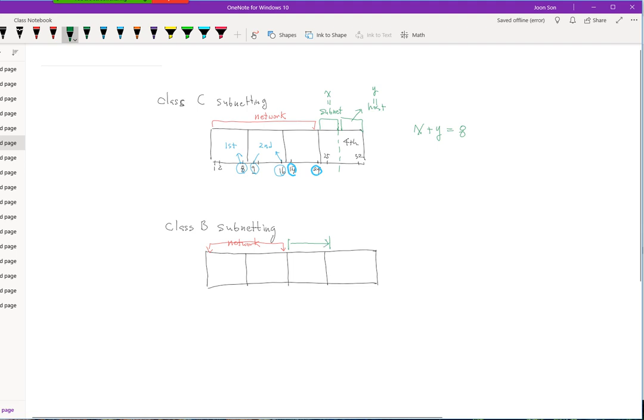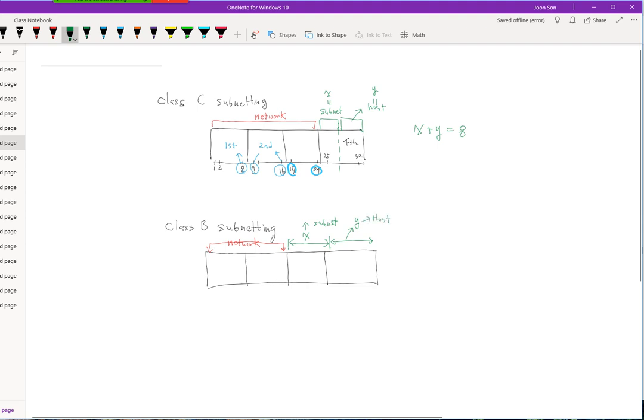So this is X bits. X bits are used. X could be 1 or X could be like 15, right? So this is the subnet portion, and this is the host portion, where Y bits are used.